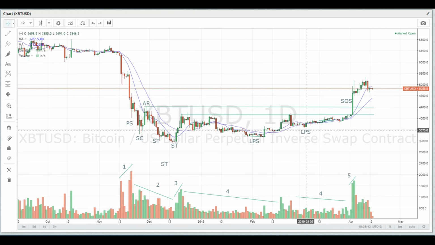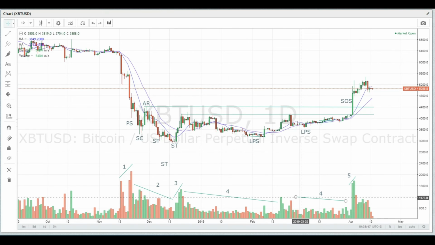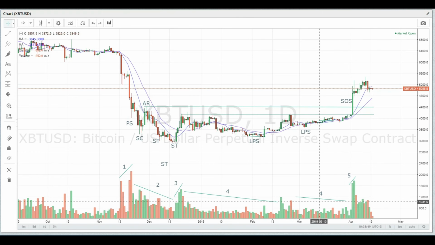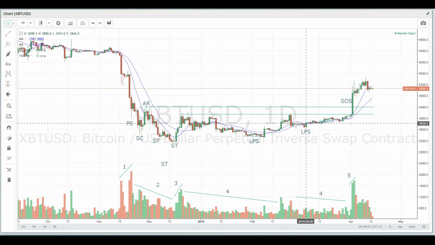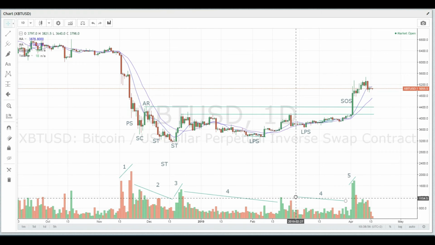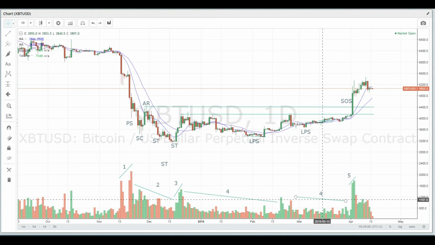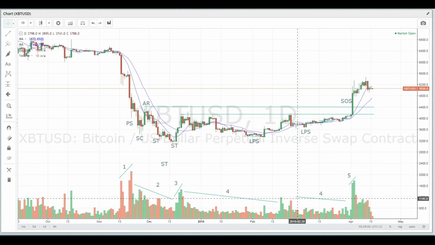After that we have another last point of support, and the price is moving slowly upward while the volume is decreasing. That means that here there is absolutely no power of sellers.